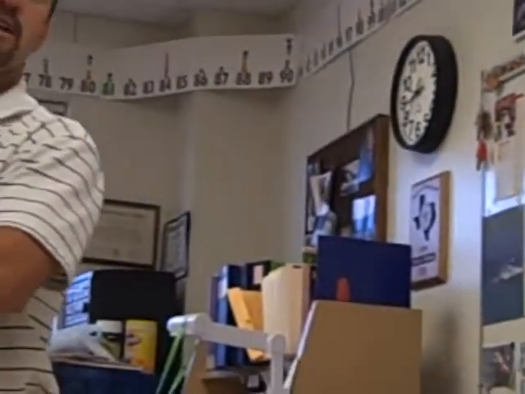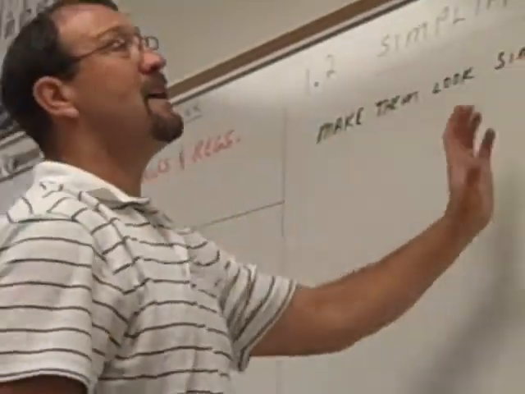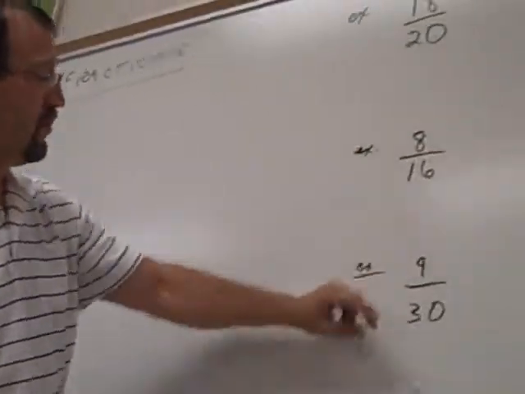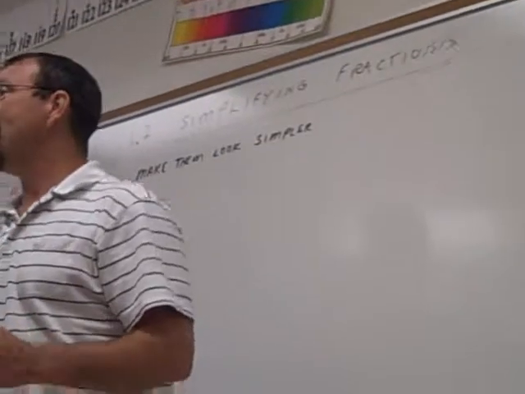The word is more simple. There is no word called simpler. But I just like saying simpler. It sounds funny. I know what's grammatically correct, but in our notes, who cares, right? We want to make fractions look simpler, more simple. Those are pretty big old fractions. They have big old numbers in them, but they can be made more simple.